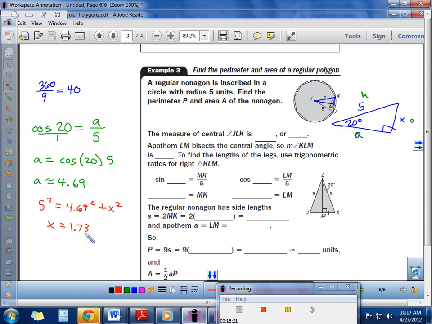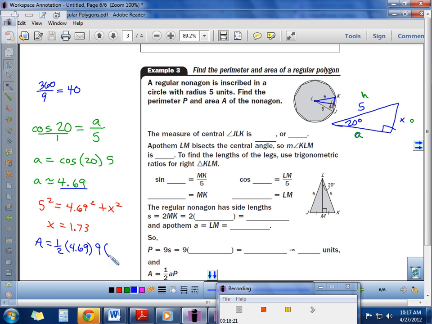So what we're going to do now is we're going to do our formula. Our formula, once again, is 1/2 a n s. So 1/2, our apothem is how long? Yeah, we already got that. That's that 4.69. Number of sides, that's the n. How many sides on a nonagon? 9 sides. And then S. S is a whole side length.